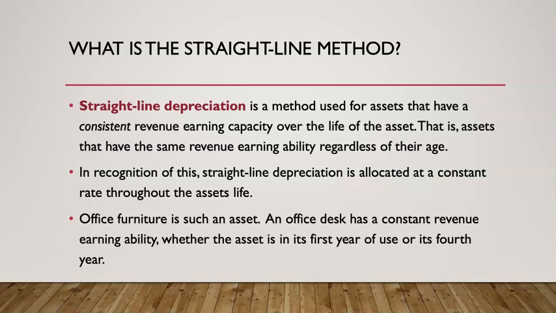An example of this would be office furniture. Office furniture is such an asset that has very few moving parts. And often office furniture or a desk has a consistent revenue earning capacity, whether it's the first year, the fourth year, or honestly, as it keeps going. It will consistently create the same amount of benefit to the business each year.